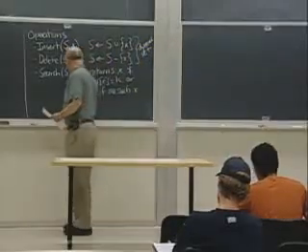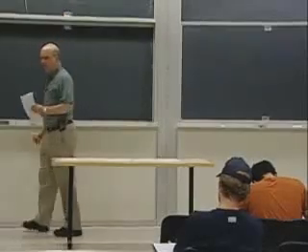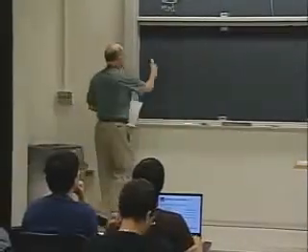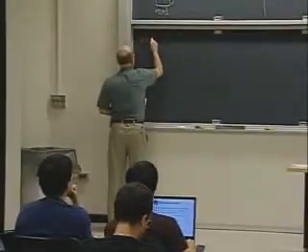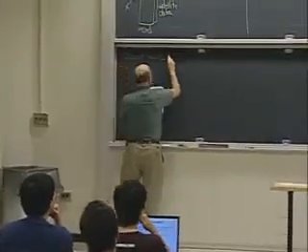So the simplest implementation for this is actually often overlooked. I'm surprised how often people will use more complicated data structures when this simple data structure will work. It's called a direct access table. It doesn't always work. I'll give the conditions where it does.